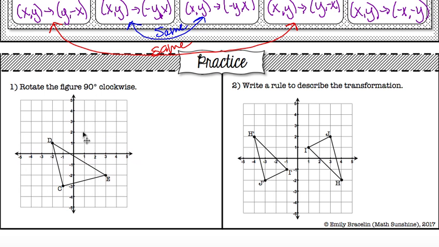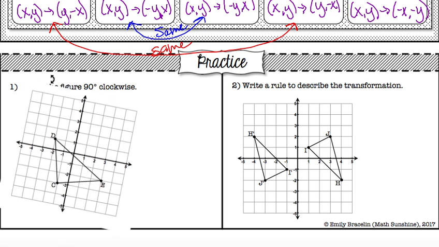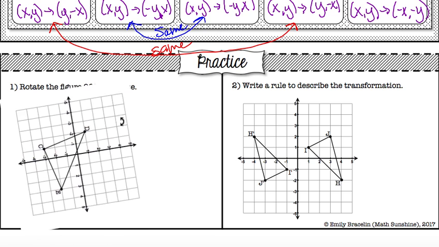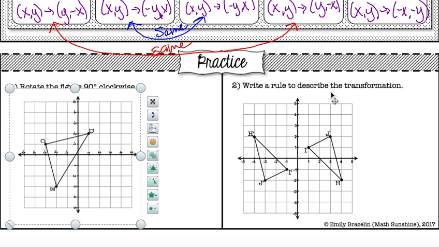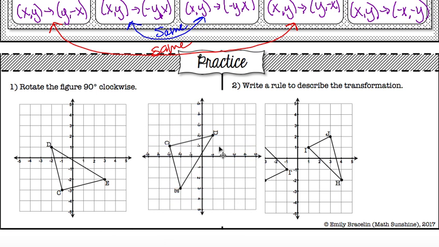Okay, so I need to go in the clockwise direction, 1/4 turn. So we went from having something that looks like this to something like that. And then I can write down the locations of all of these points.